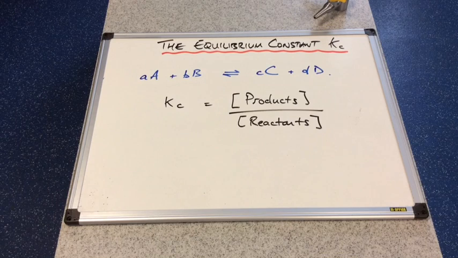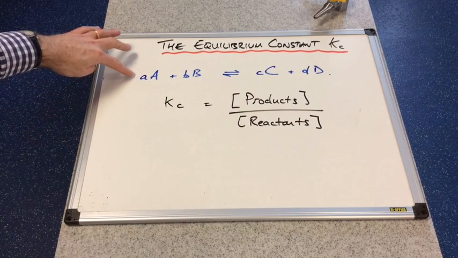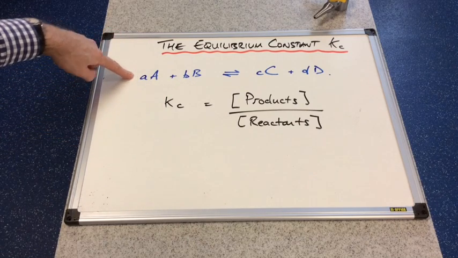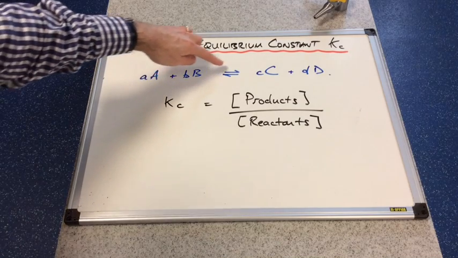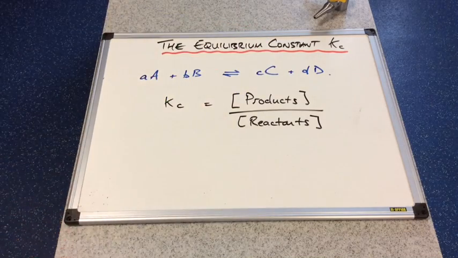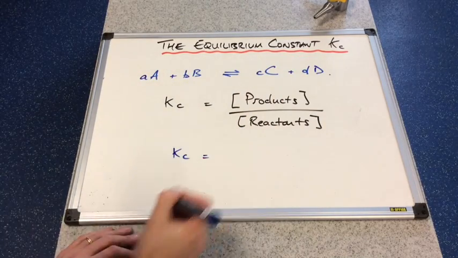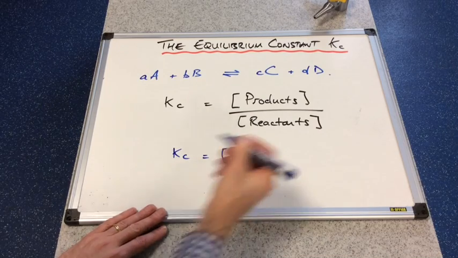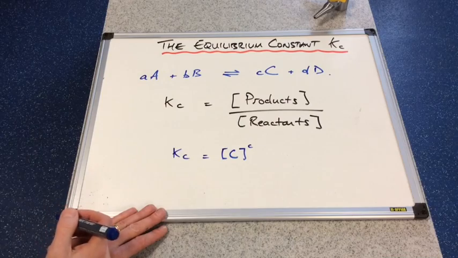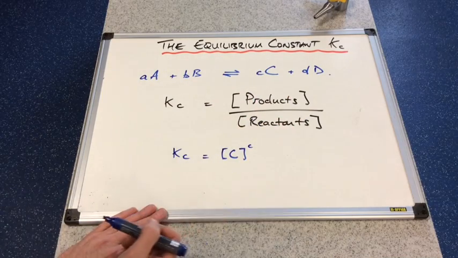We'll go to the equation now that I've written in blue there. I've not referred to that yet. We're going to expand on this. So if you've got an equilibrium and you know the balancing numbers, so a moles of A with b moles of B in equilibrium with c of C and d of D, well, to write a Kc expression for this generic equation, it would be the equilibrium concentration of C raised to the power c. So if there's a 2 in front of there to balance the equation, you'd have a squared term there.